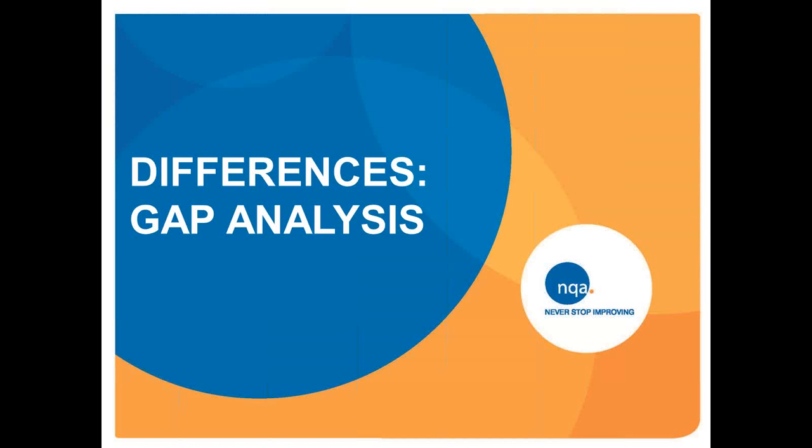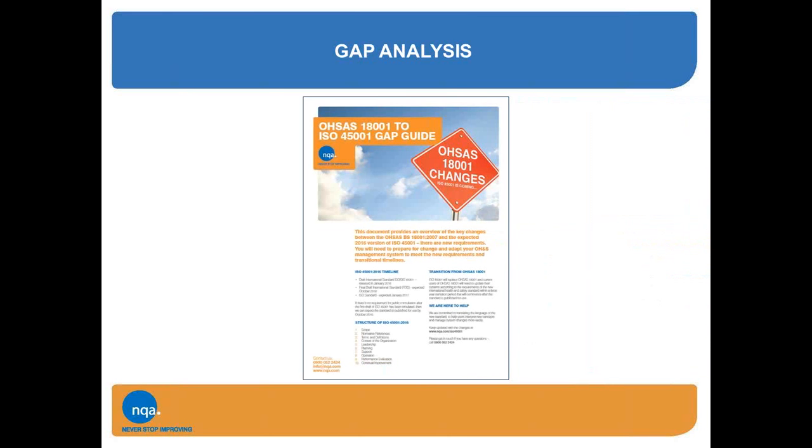What we will be able to do as time commences and we get to having the final draft and the published version of 45001, we will be able to carry out gap analysis against an existing system to identify any potential gaps or weaknesses for the transition from 18001 to 45001. We've already got a gap analysis document.